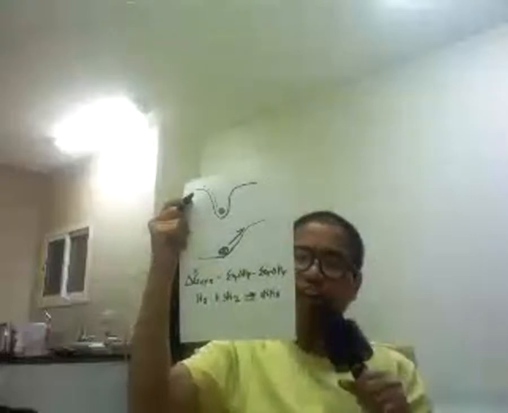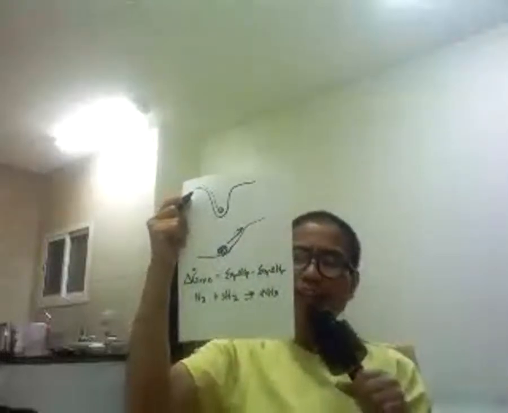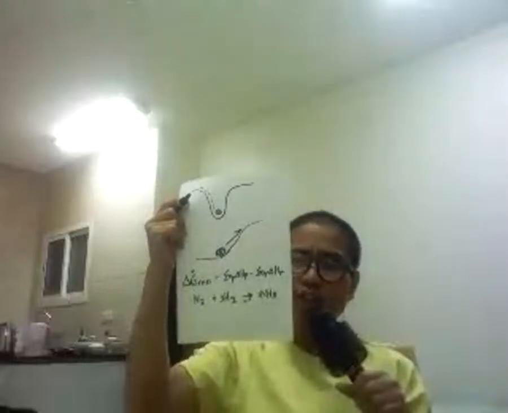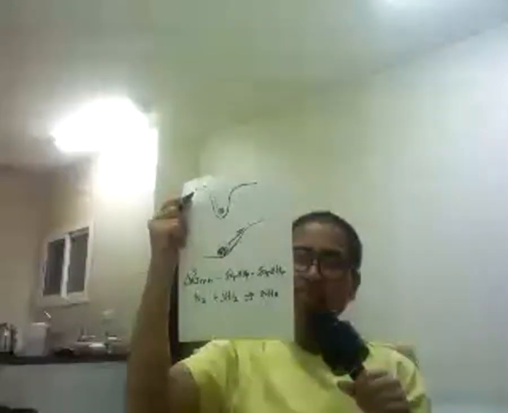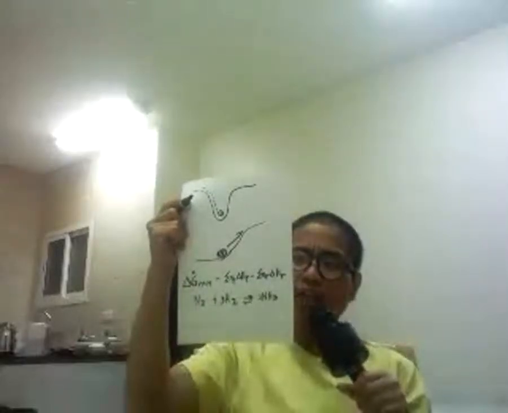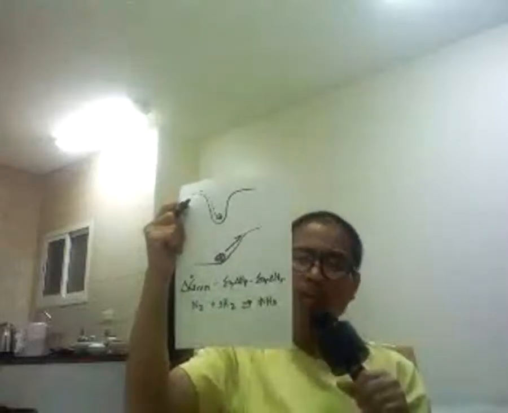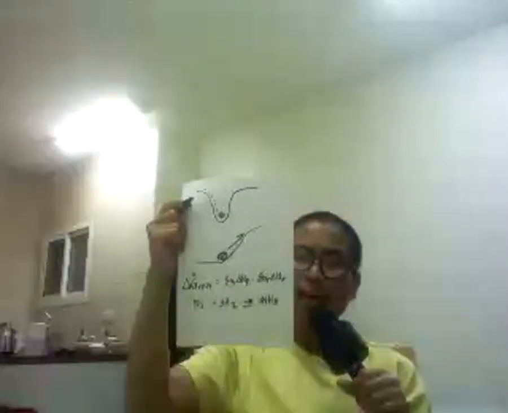You're going to say the standard change in free energy of the reaction is equal to the summation of the number of moles of the products times the change in enthalpy of the products, minus the summation of the number of moles of the reactants times the change in enthalpy of the reactants.